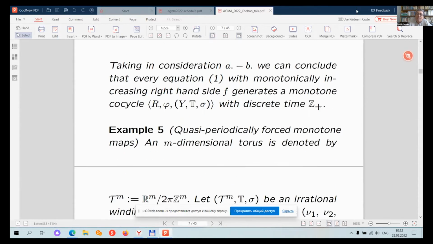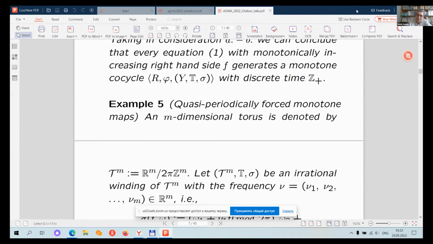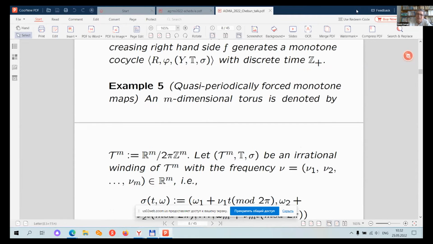And now we'll consider a special particular case of this example. One, the base space Y, capital Y, is an m-dimensional torus. In this case, this system or this equation is called a quasi-periodic equation or quasi-periodically forced monotone map in the literature.